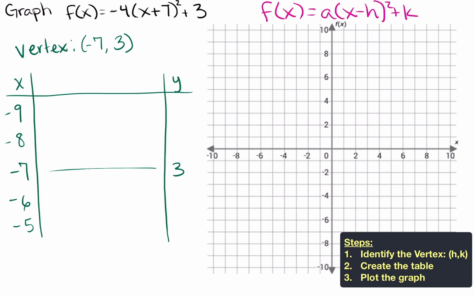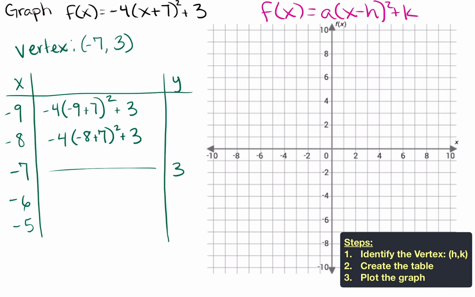Once we have the left side of the table set up, then we can set up the center, which is to fill in the equation with the numbers. So our equation is going to be -4, parenthesis, and in the place of x we got -9, plus 7 squared, plus 3. Then we continue: -4, parenthesis, -8, plus 7 squared, plus 3.